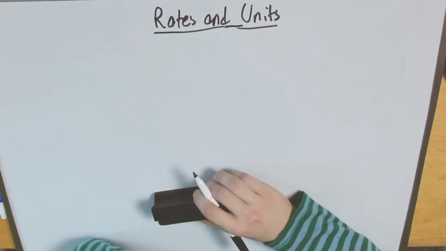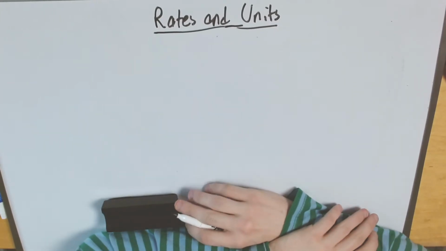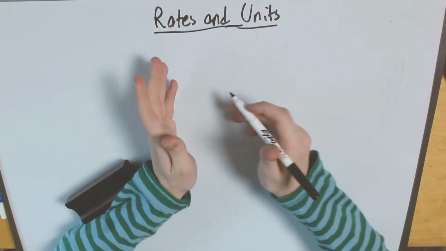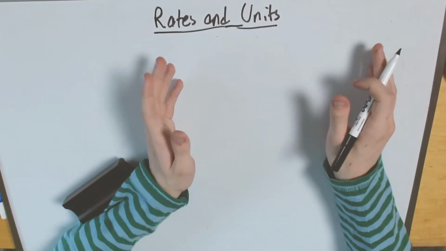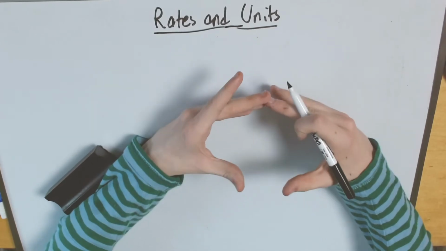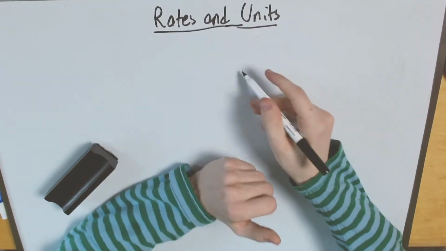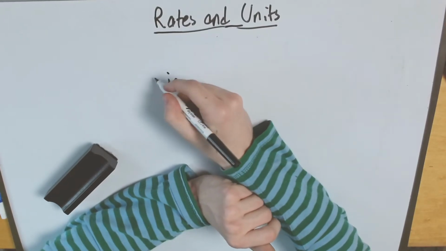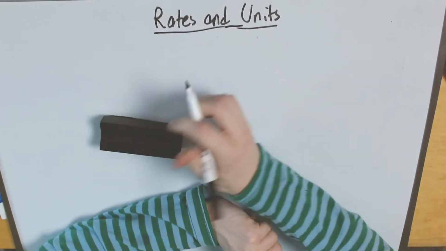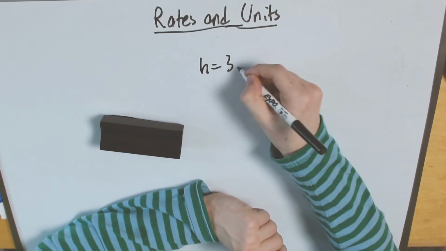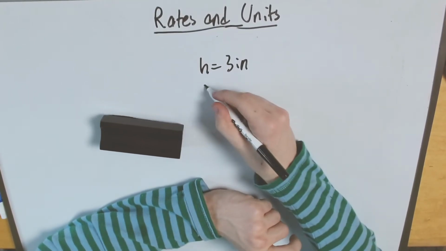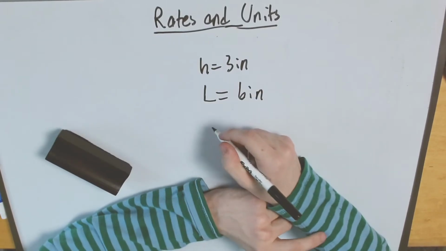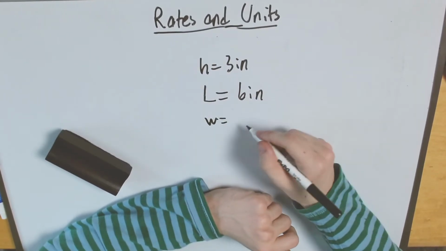Sometimes you need to be careful about what particular unit you're using, and I'll explain that. Let's imagine I'm filling a sandbox. It's a standard sandbox, so it's a rectangle. Let's say it has a height of 3 inches and a length of 6 inches and a width of 5 inches.